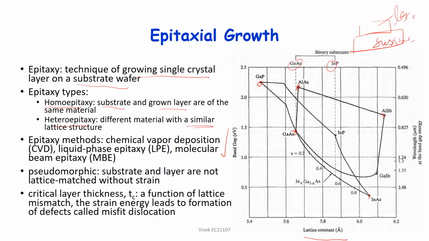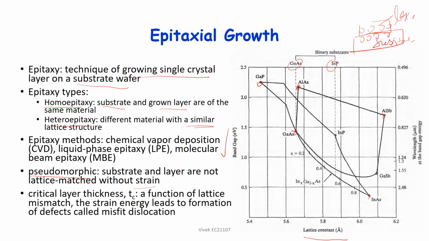This is called pseudomorphic. They are not entirely lattice matched, but there is some strain. The layer adjusts itself, and when the layer adjusts itself to the lattice constant of the substrate, obviously there will be strain.